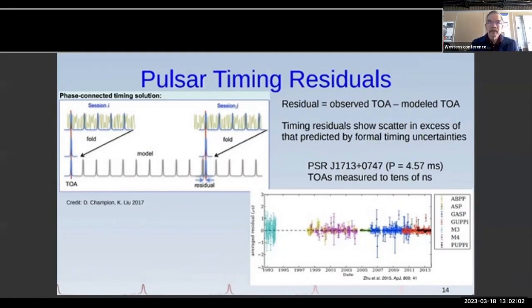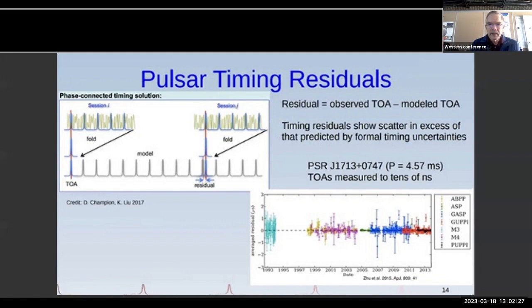The timing residuals, the cartoon at the left, let's say you're collecting today in session I, and you do your data folding and you calculate your TOA, and that's what's shown on the bottom line there. Well, pulsars aren't the most important thing in the world, so the telescopes aren't dedicated to them, and the telescopes have to do calibration.